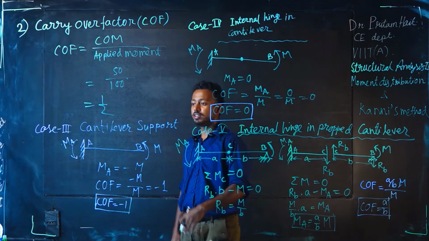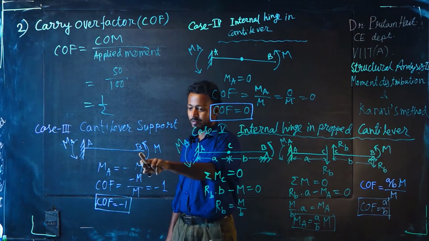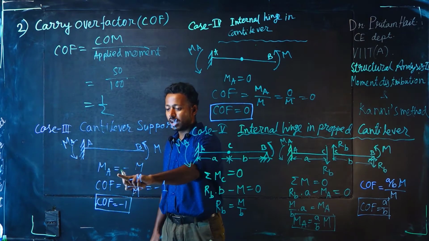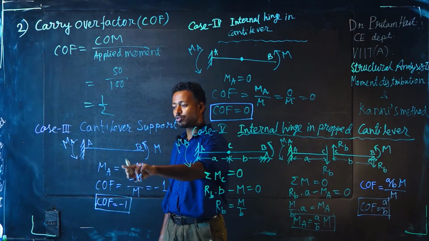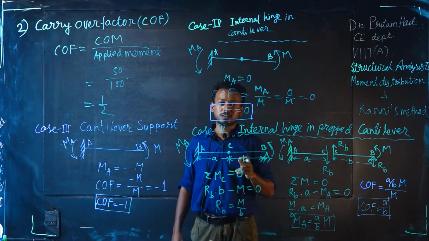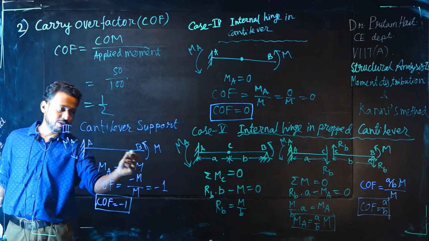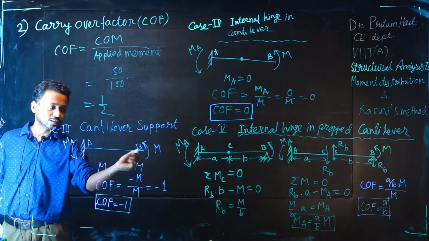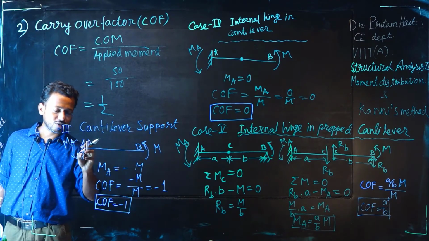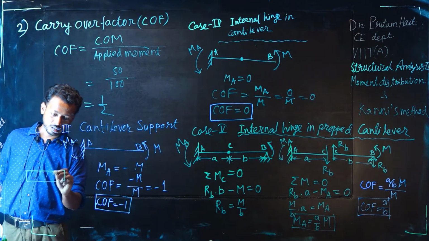Now this is case 3. Case 3 is cantilever support. This is a cantilever beam. In the cantilever beam, if you apply moment M at the free end, how much will the carryover be? The total moment will be carried over to the fixed support and it will be negative. In the bending moment diagram, you have seen that if you apply the M moment at the free end, the total moment M will be carried over to the fixed end, and this will be the bending moment diagram.